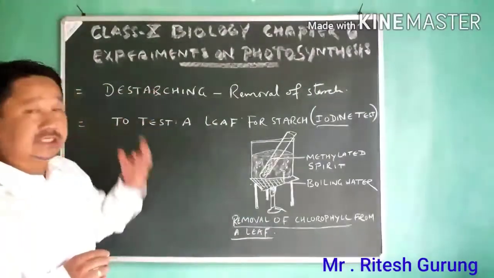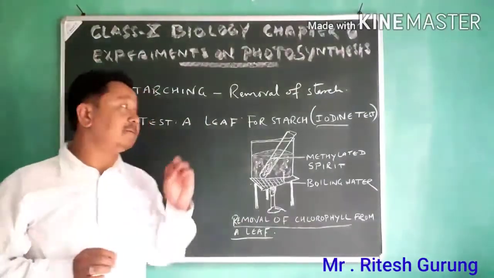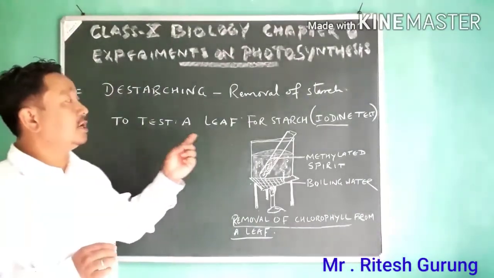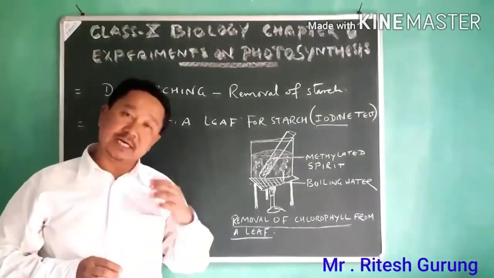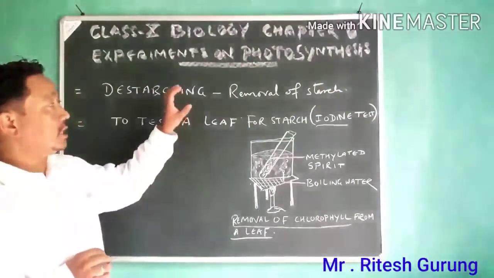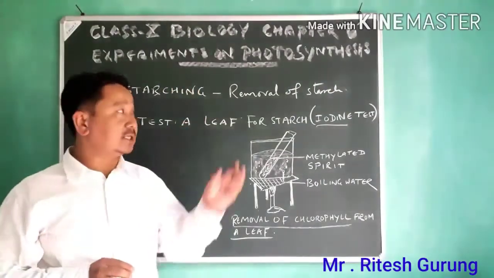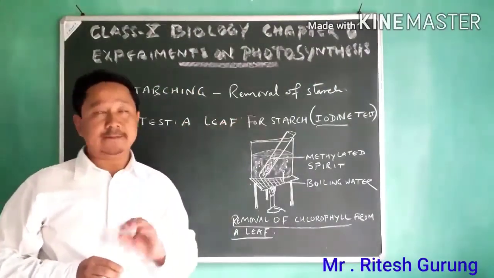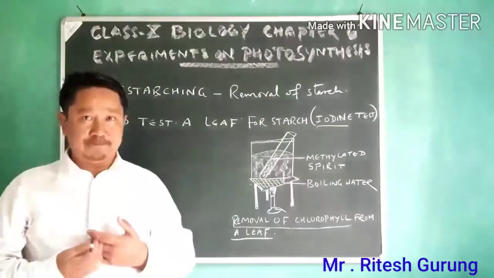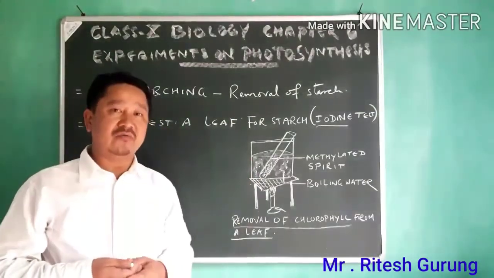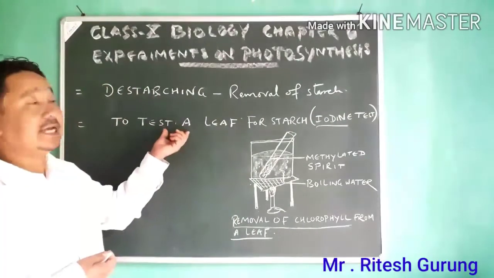After de-starching, now what we have to know is testing a leaf for starch. We are claiming that the leaf is destarched. That is our claim, whether it is true or not. For that you need to test it.